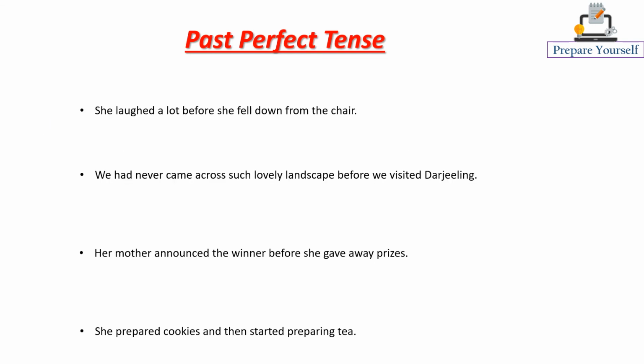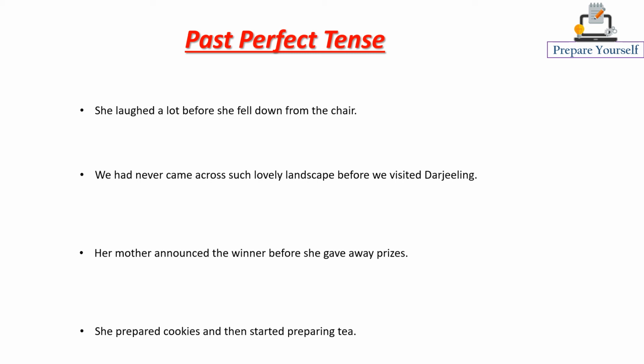With these examples, you will be able to understand past perfect tense in a better way. She laughed a lot before she fell down from the chair. We had never come across such a lovely landscape before we visited Darjeeling.